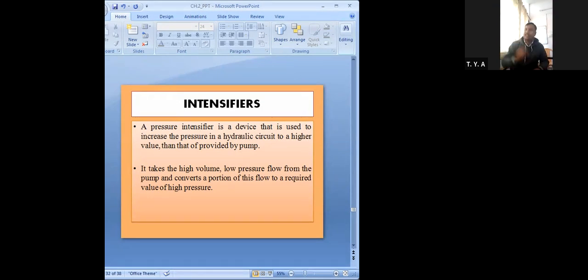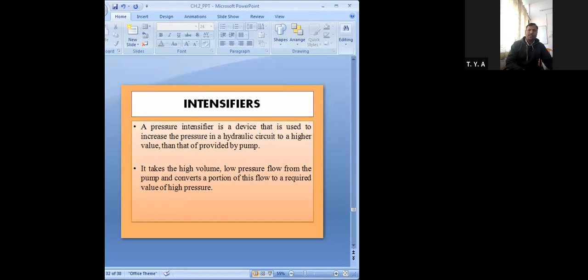The typical applications include hydraulic presses, riveting machines, and spot welding machines. So in these hydraulic circuits, the pressure intensifier is included.